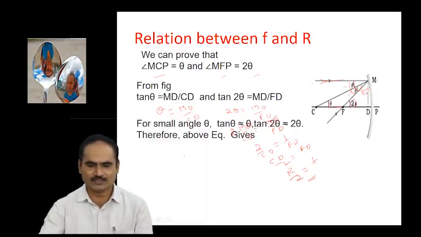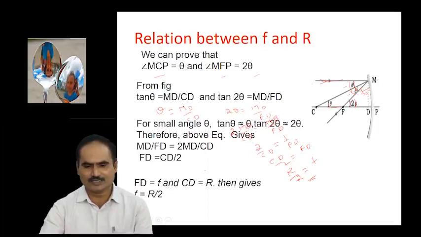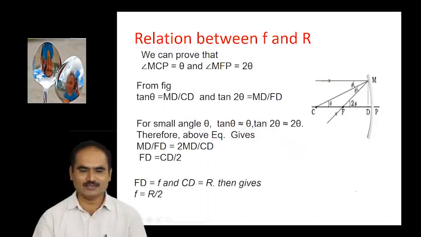Otherwise we can follow this in a systematic manner. For angle theta, MD by FD is equal to 2 MD by CD. We take it and substitute here, then cancel MD and MD, and you will get FD is equal to CD by 2, and FD is equal to F because FD is nearly equal to F and CD is nearly equal to R. So from this we understand that the focal length is equal to half of the radius, otherwise the radius of curvature is equal to 2 times the focal length, right?